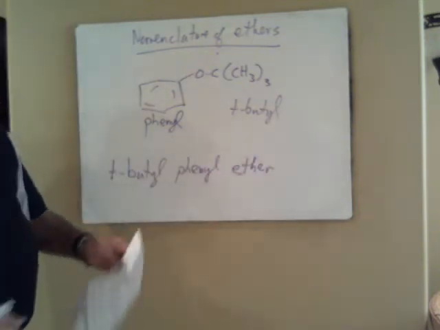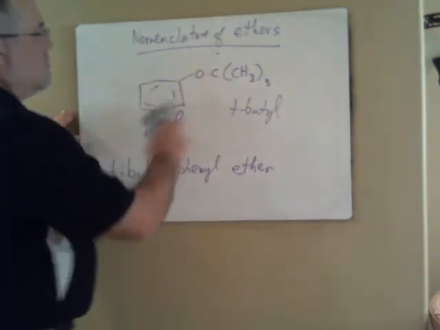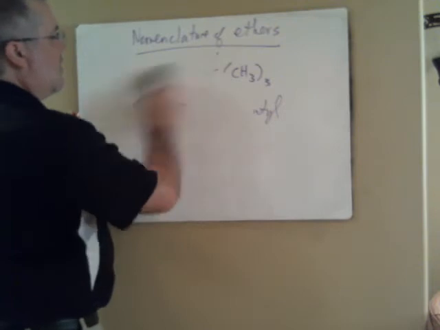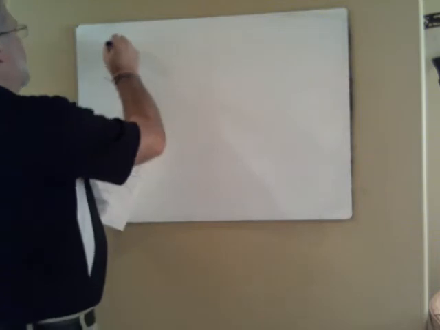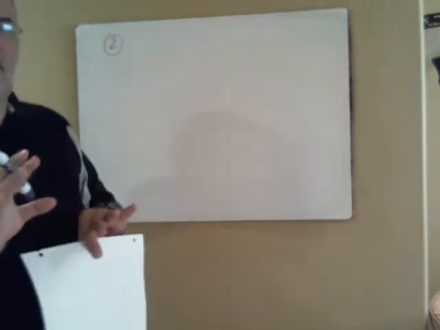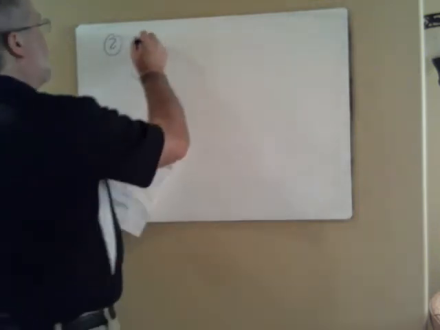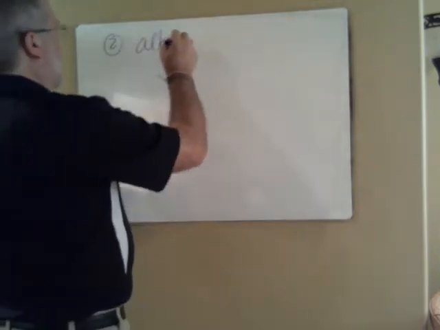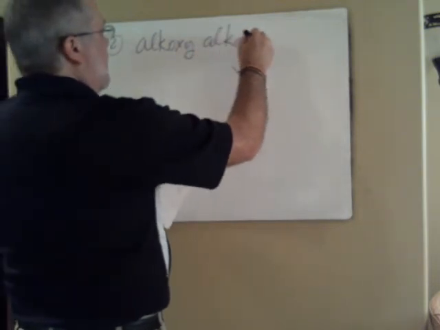Okay? So if the ether linkage is the only functionality present in the molecule, it's often the way you name it, simply naming the residues and then putting the word ether at the end. But there's another way of naming these where you have typically other functional groups present that may be more important. And then you're going to name these as alkoxy alkanes.